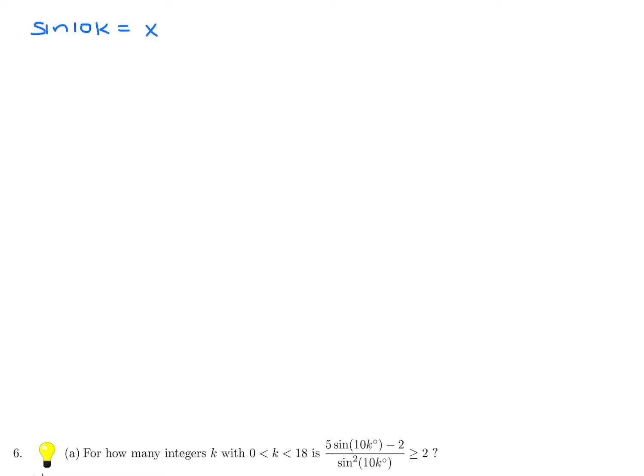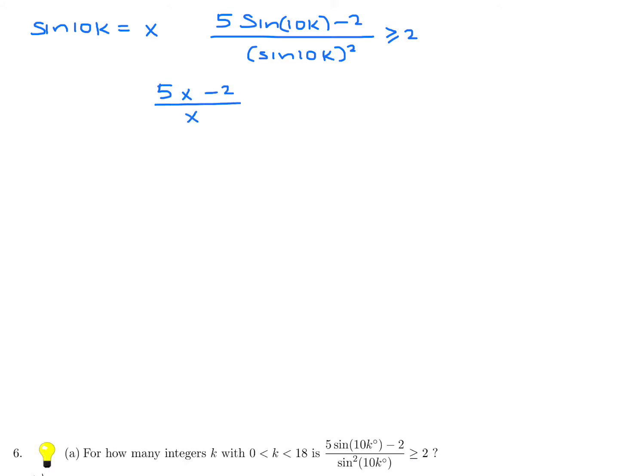So that expression, (5 sine of 10k minus 2) over the sine of 10k, all squared, greater than or equal to 2, becomes (5x minus 2) over x, squared. So let's work with that, and then at the end we can come back and substitute that back in.